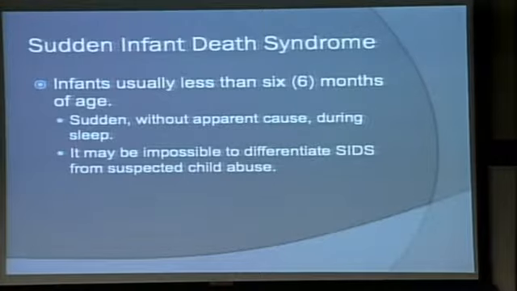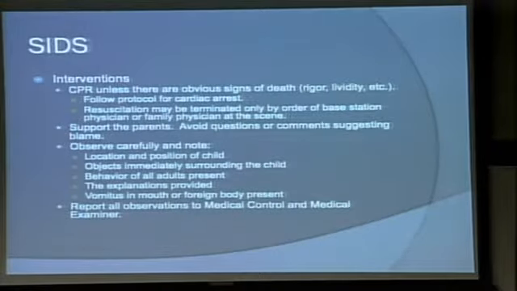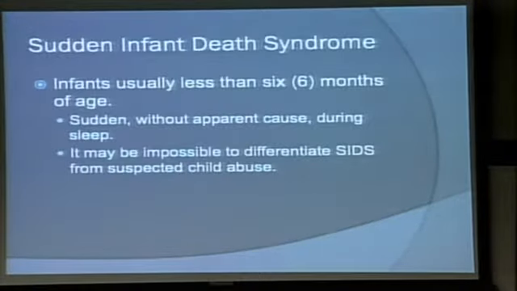We know some of the things that contribute to it. We don't know that it causes it, but there's an association with a smoker in the house, there's some familial association, there's an association with how you put the kid down.